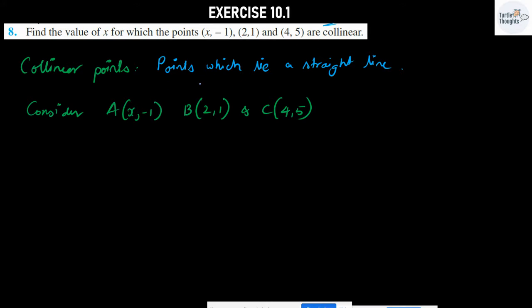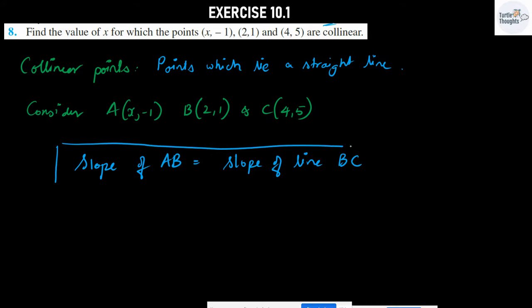If 3 points are collinear, the slope of line AB should be equal to the slope of line BC. If the two slopes are the same, the points are collinear. Is that clear?